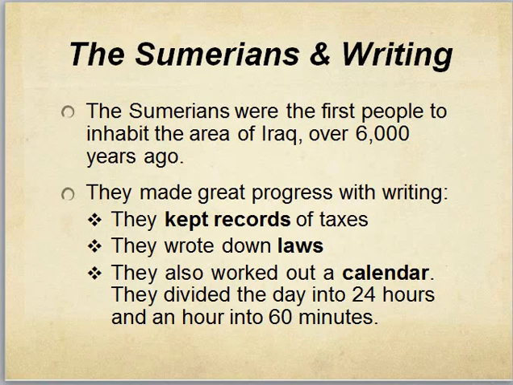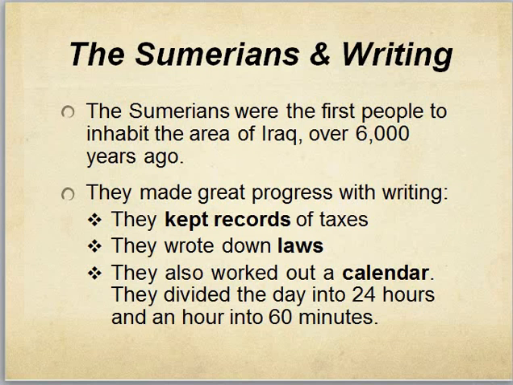The Sumerians and writing. The Sumerians were the first people to inhabit the area of Iraq over 6,000 years ago. They made great progress with writing. They kept records of taxes. They wrote down laws. They also worked out a calendar.